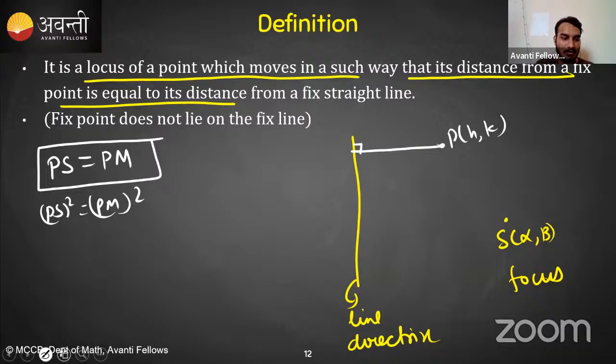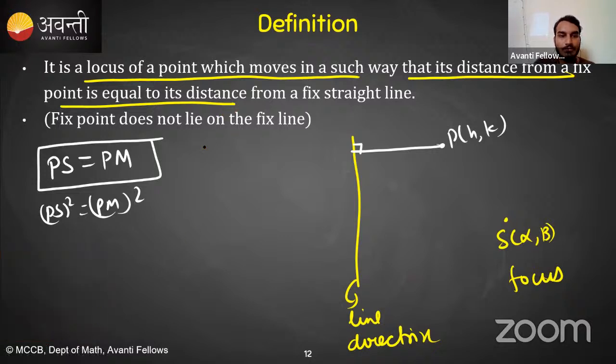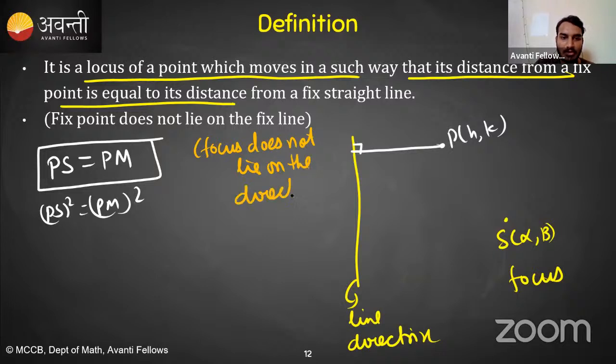Let me write this down again: focus does not lie on the directrix. And this is very important: the distance of a moving point from a fixed point is equal to its distance from the directrix.